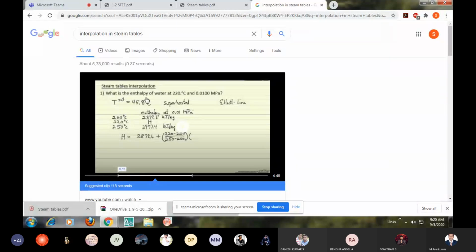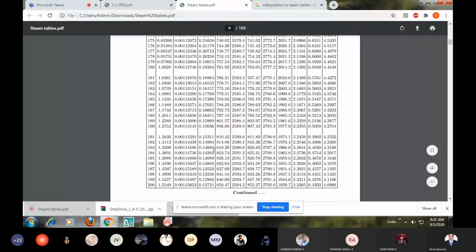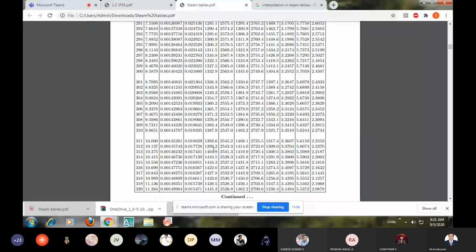What is the enthalpy of the water at 220? Forget these numbers; we only know the temperature is 220 °C. But in the steam table, at 220 °C we don't have the properties, so we need to look at the superheated steam table. Just go to the table of superheated steam.